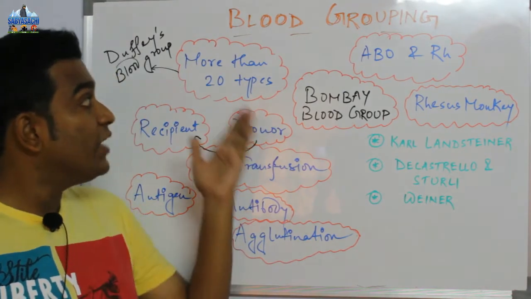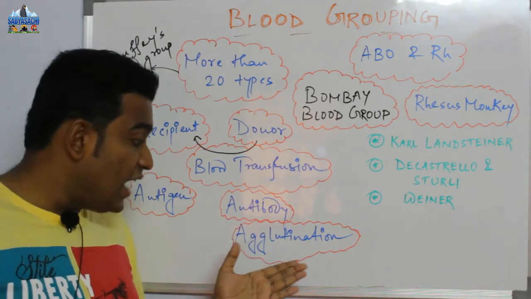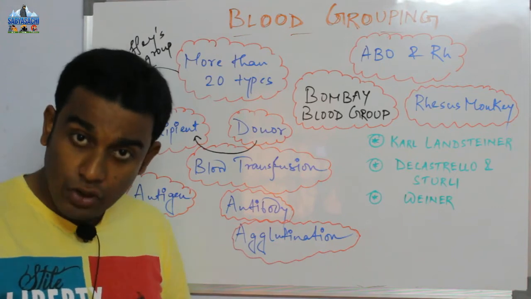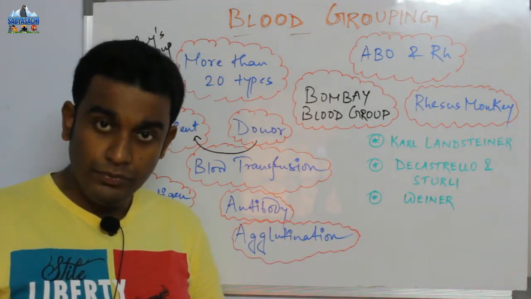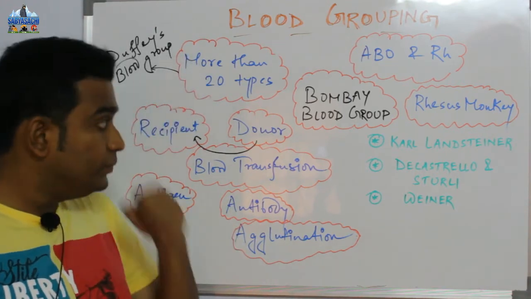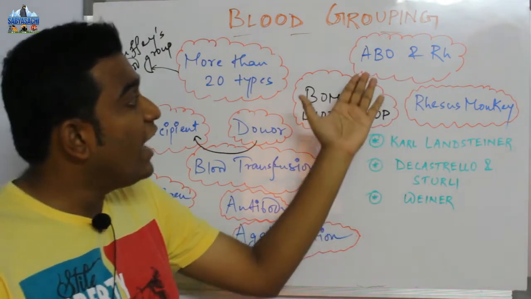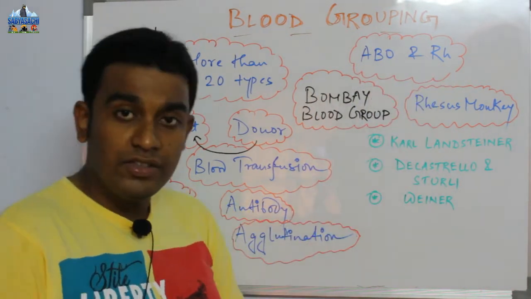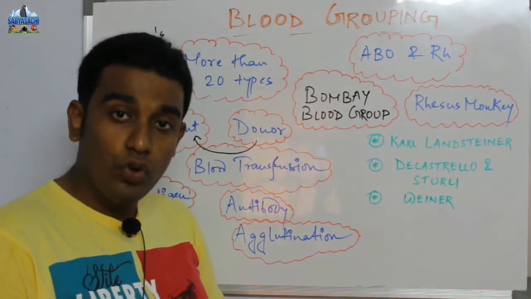And since we are talking about blood grouping, that agglutination, if it happens, will lead to clumping of the blood. That also we will see when it takes place. Now, if we focus here, we have the ABO system and the RH system, the two most important clinically significant blood groups till date.